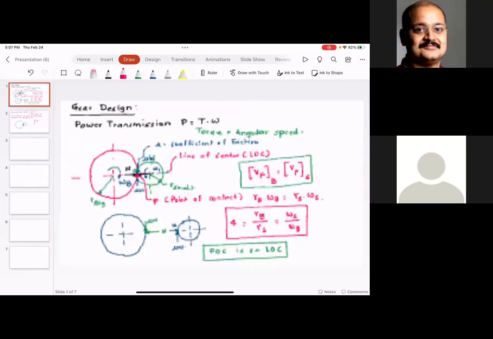So I want to emphasize this. Please understand, this force is perpendicular to the line of centers.